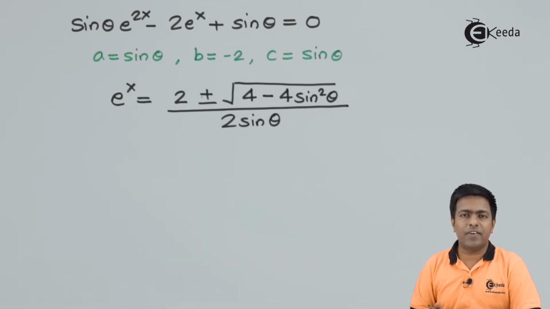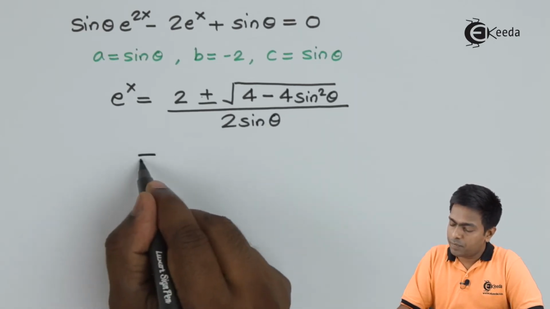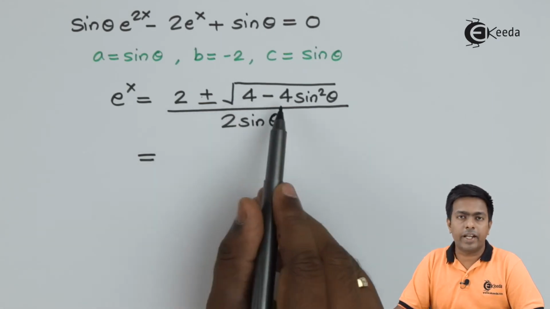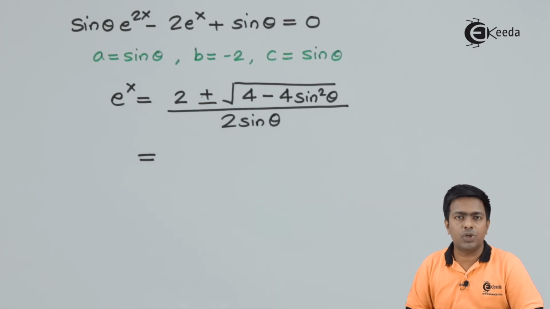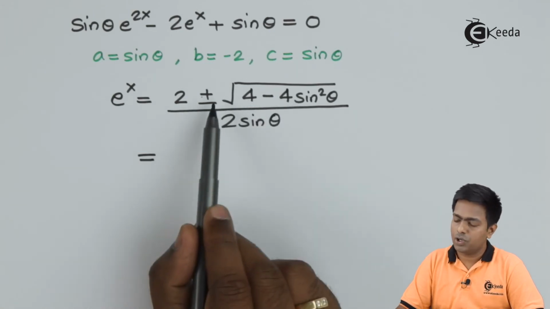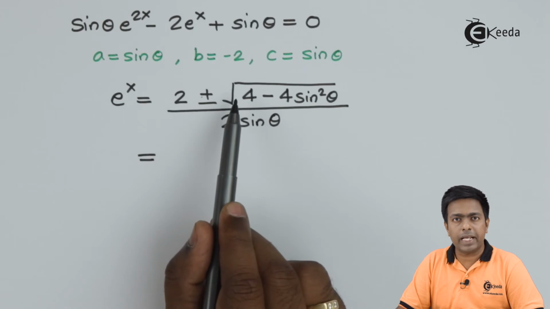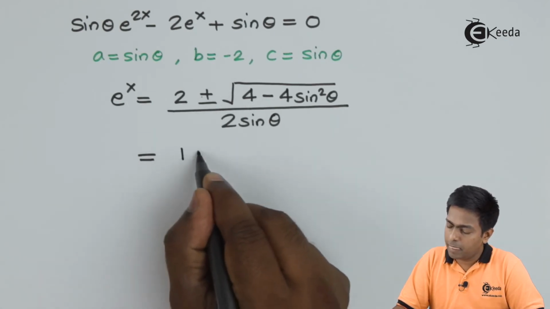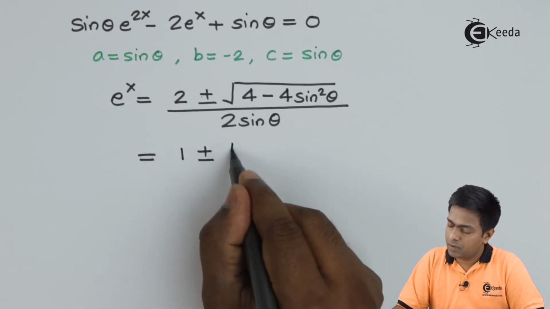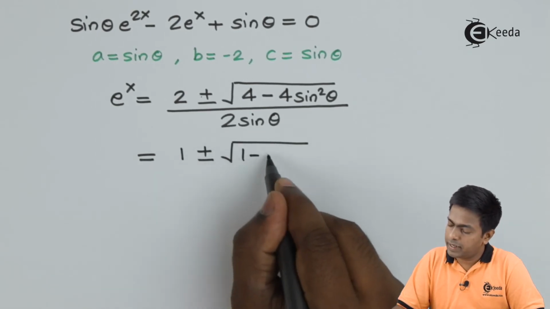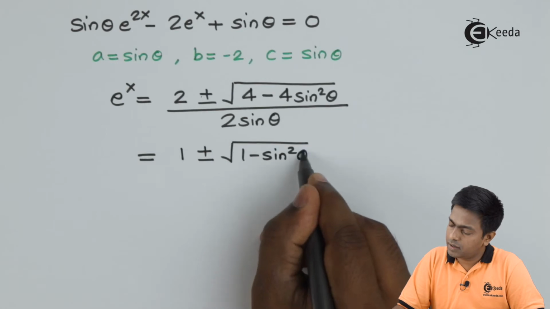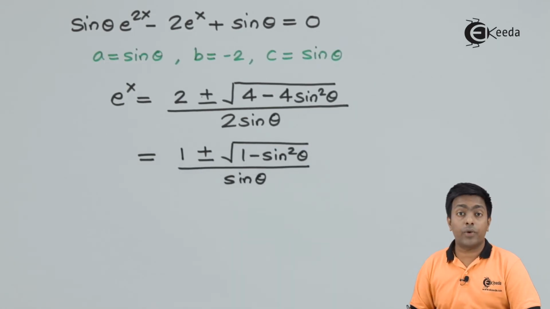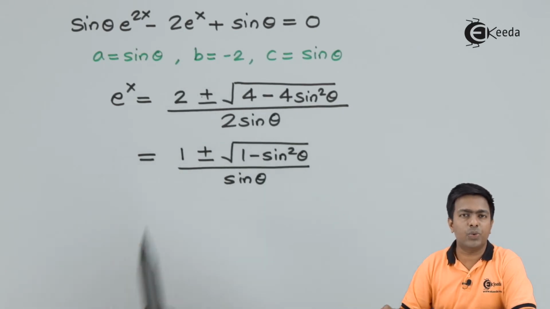Now guys, let's simplify this. I can take 4 common from the root, and if we take the root, root of 4 is 2. So 2 and 2 common will be cancelled with this 2. So we will get 1 here, plus or minus under root 1 minus sin square theta, upon sin theta. So here you can see that I have cancelled all the 2s.